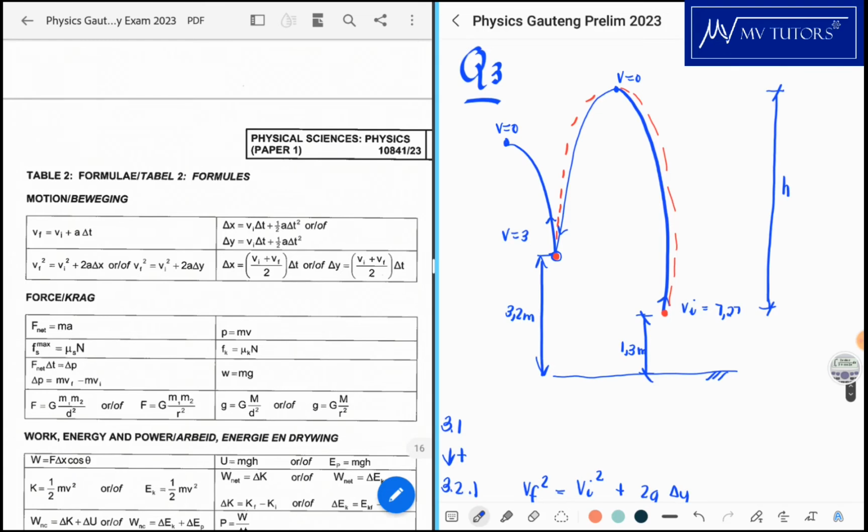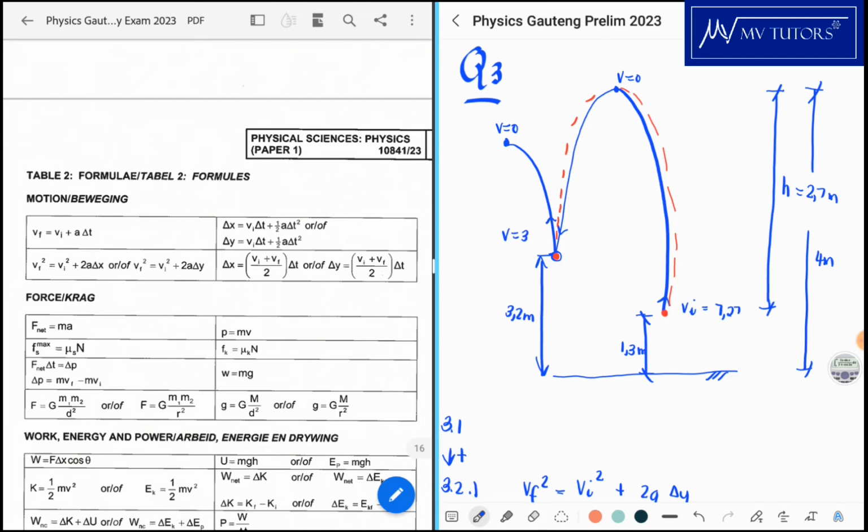Your delta y, when you consider the entire motion, so remember this height that we calculated here is 2,7 meters, and we have this 3,2 meters. If you consider the total height from the ground, that's actually 4 meters.